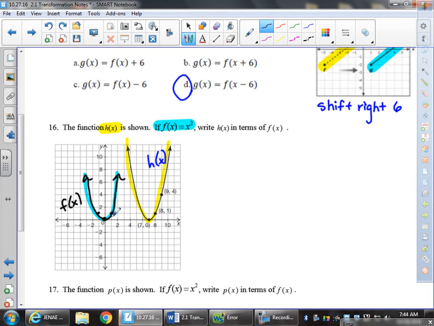So if f of x equals x squared, I need to write this h of x function. Where did h of x come from if this is where we had started? What was done to the graph? Shift right 7.